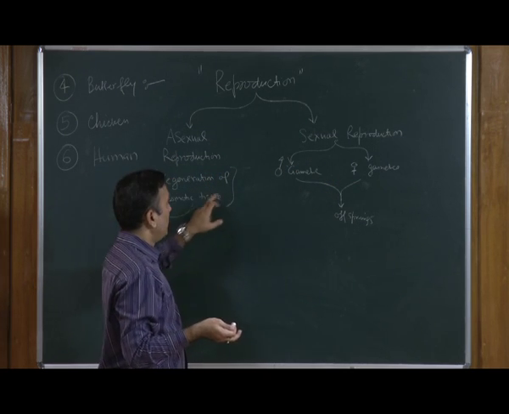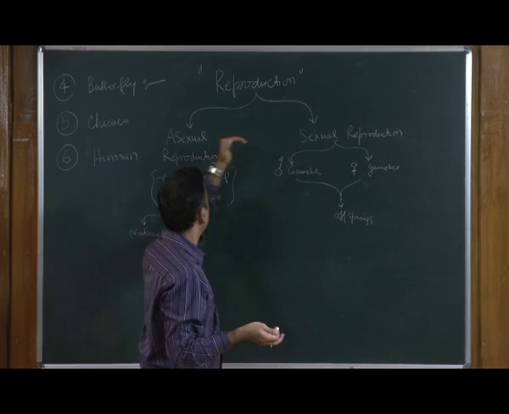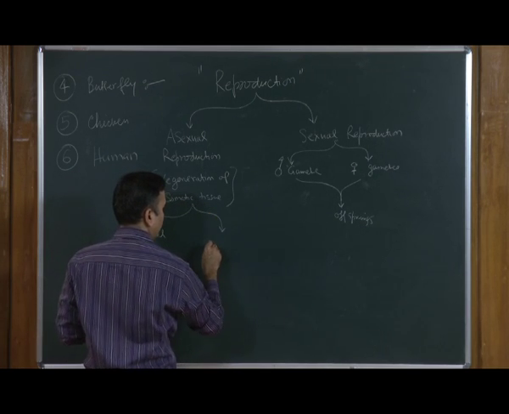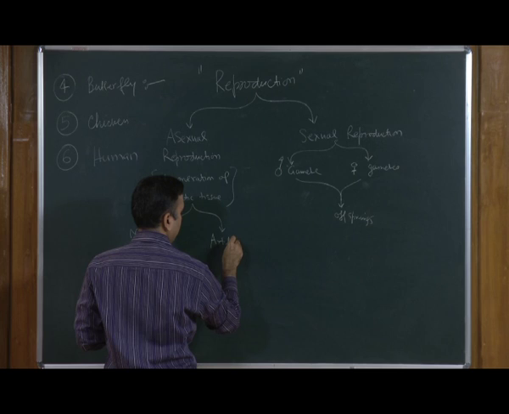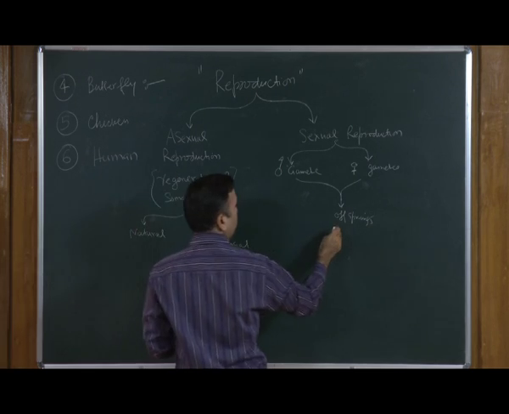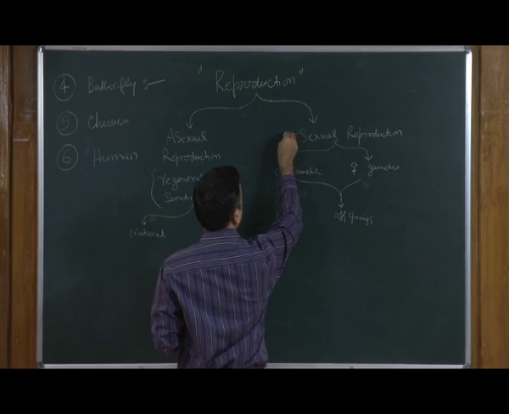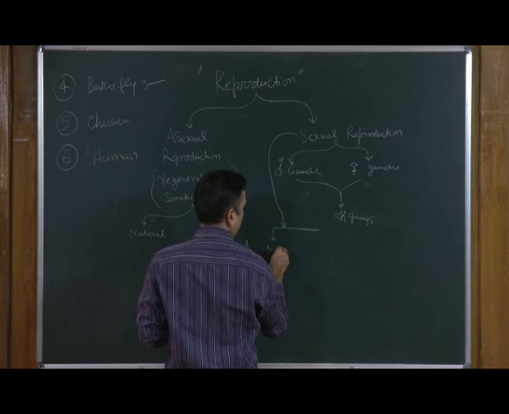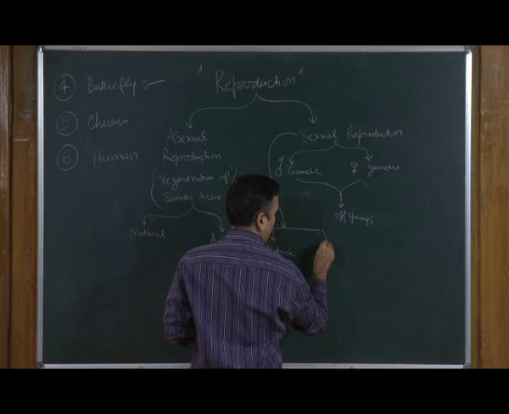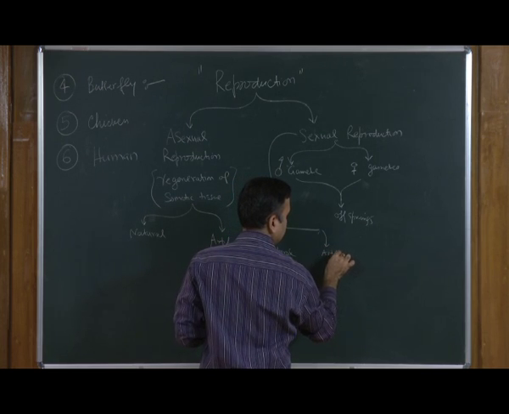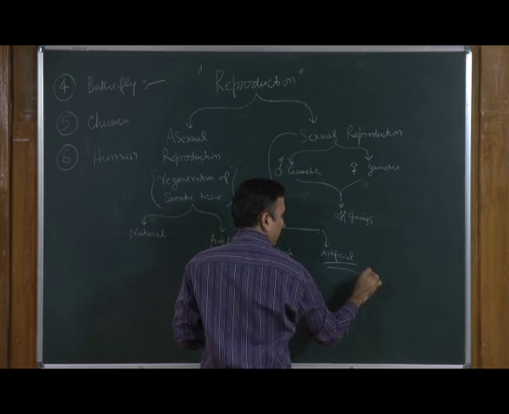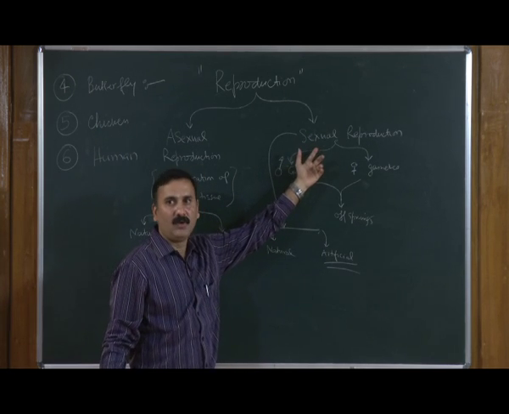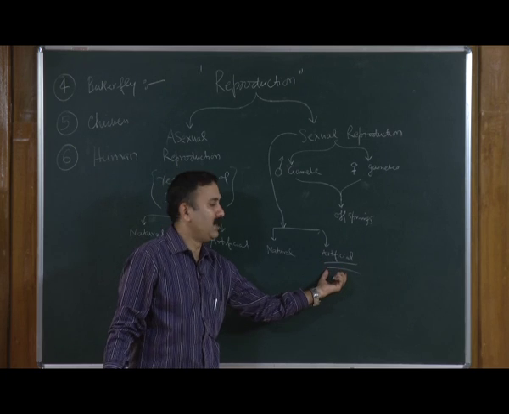In both the sexual reproduction and the asexual reproduction, it could be natural or it could be artificial. Similarly, in the case of sexual reproduction, that also could be natural and that could be artificial, because medical science has evolved so much that we can now have sexual reproduction done under artificial conditions.